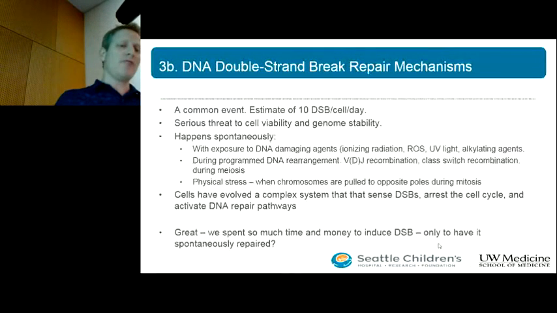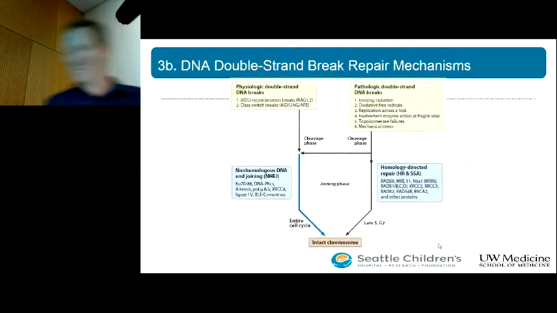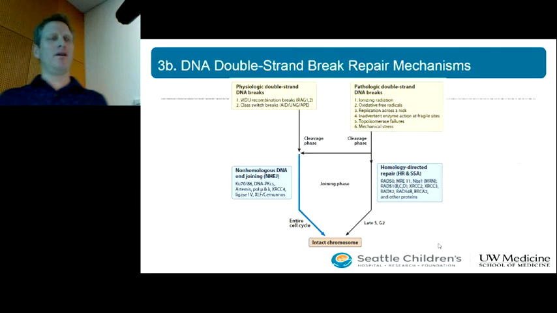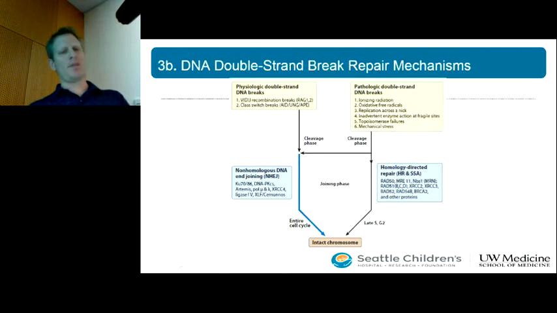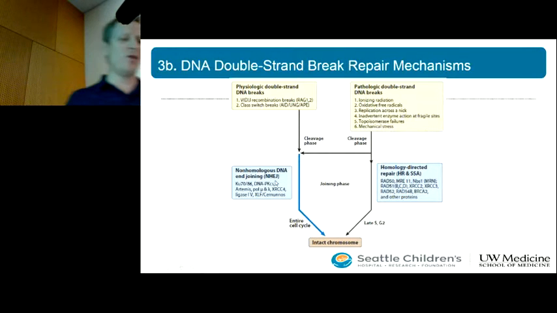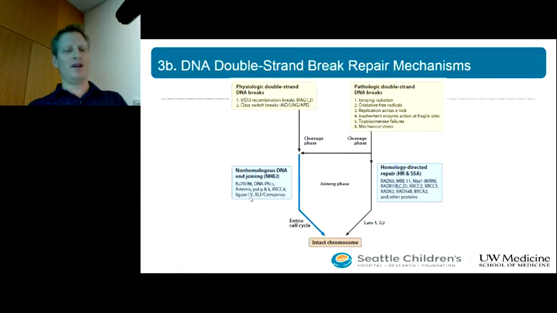But the truth is that we can actually use those breaks. Sorry, I still have a lot to go through. In general, without going deeply into the repair mechanism, there are two ways to repair a DNA break. One of them is called NHEJ, non-homologous DNA end joining, and you can see that there are many enzymes and proteins involved in that. Some of them should be very familiar: DNA-PK, ligase 4, Artemis.